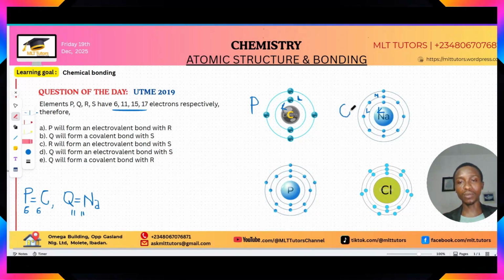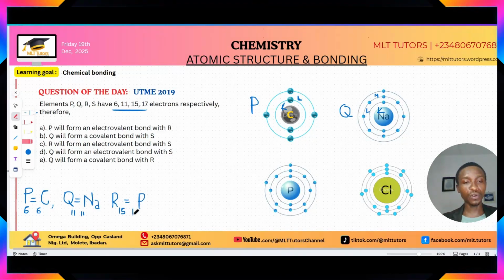So here is the atom of element Q. Okay, that's awesome. Now we need to get R. Which element is R? According to the question, R has 15 electrons. So continue counting your first 20 elements. The element with atomic number 15 is actually phosphorus.